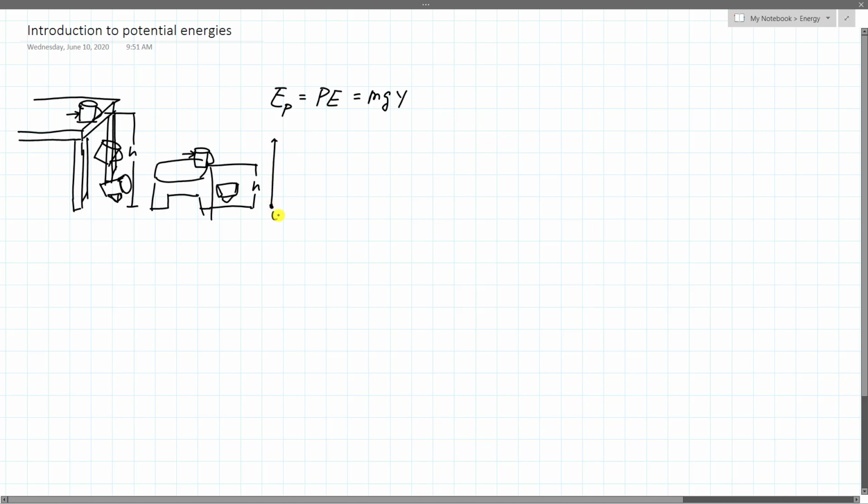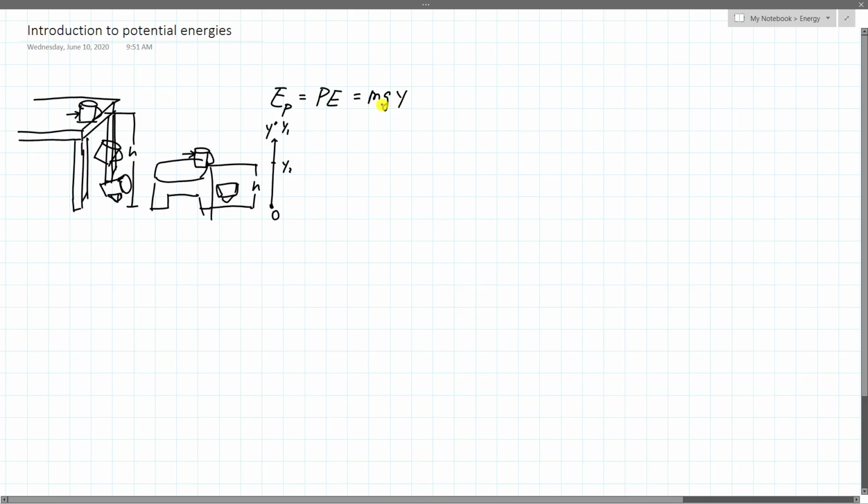So we can always have this reference, a 0. So here's the y, maybe y2 of that coffee mug on the step stool. This is y1 of the coffee mug on the tabletop.